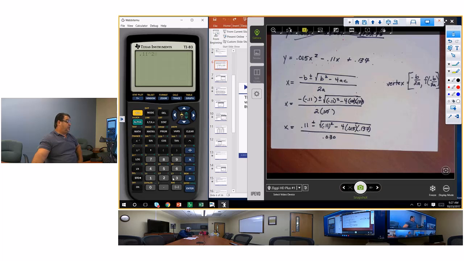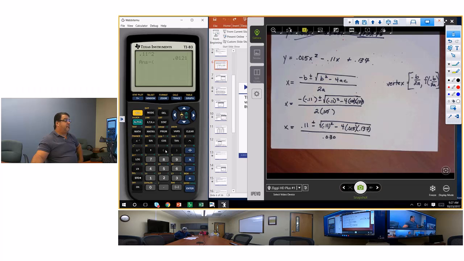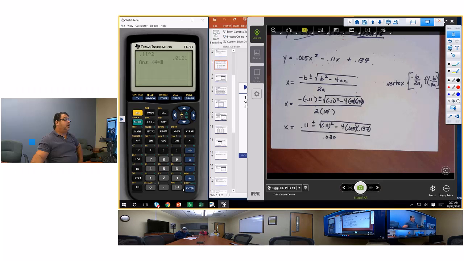I'm not one of those people that take a calculator with me everywhere I go. All right, minus parentheses 4 times 0.015 times 0.137. Y'all check me.